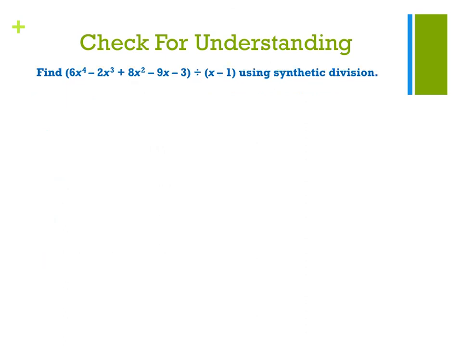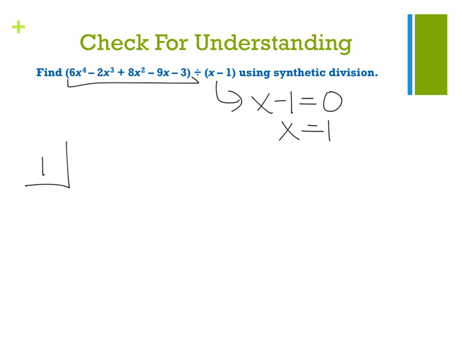All right, so we're going to go ahead and complete this synthetic division. Again, the 0 of our divisor is the most important thing to do first. So if we find the 0 of our divisor, we get positive 1. If we set up our coefficients here, we're not missing any terms. So we have 6, negative 2, 8, negative 9, and negative 3.